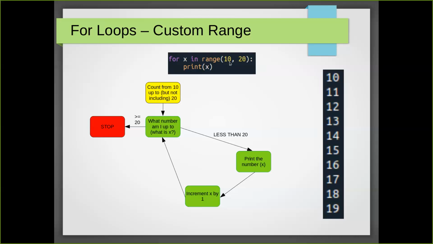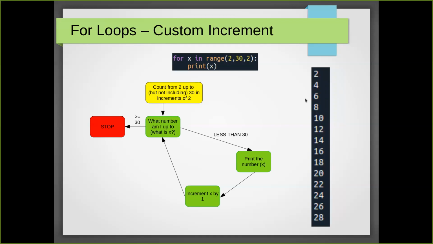So the first value is the number you want to start counting from, and that is included. And then the second value is the value you want to stop counting at, and that is not included. So it's up to, but not included, remember. So for x in range 10, 20, print x will count everything starting at 10, up to, but not including the value of 20.